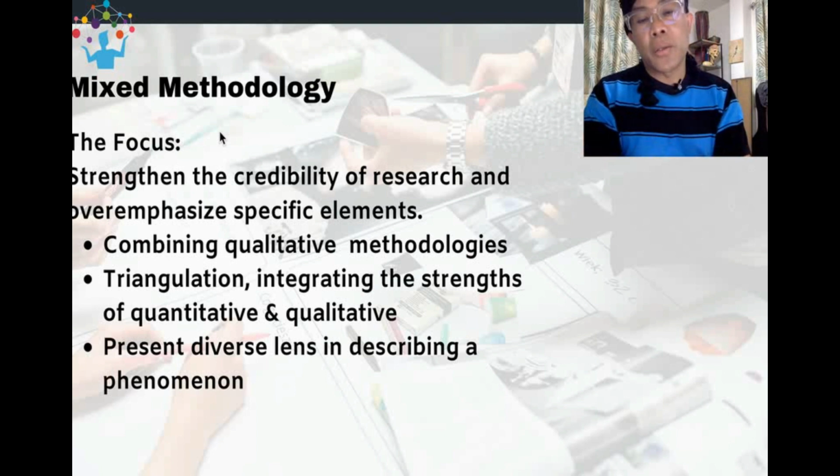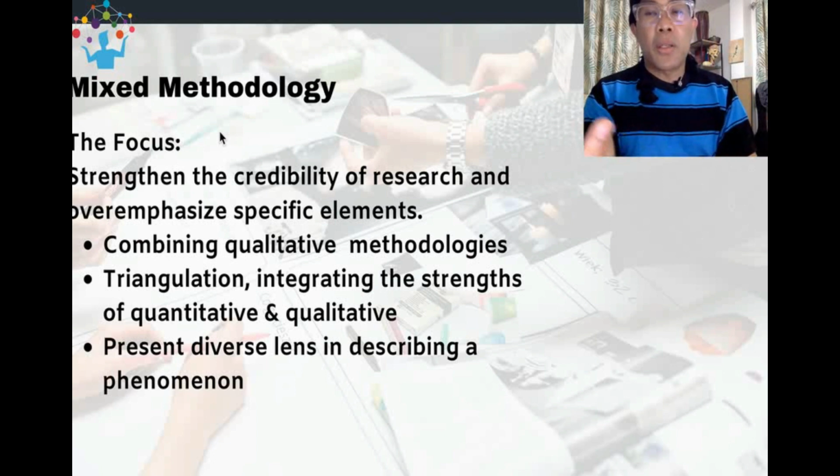And when you try to strengthen a specific claim by connecting it with different concepts, that is also triangulation. When you make use of an external researcher to look into what's happening in your research, that is also triangulation. And the last one is presenting diverse lenses in describing a phenomenon.